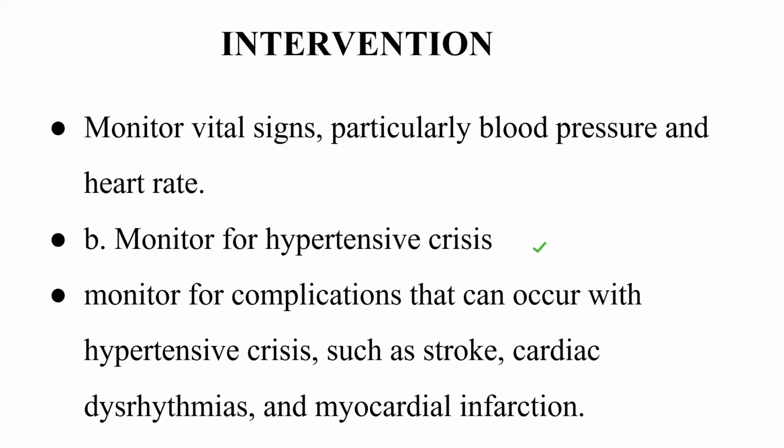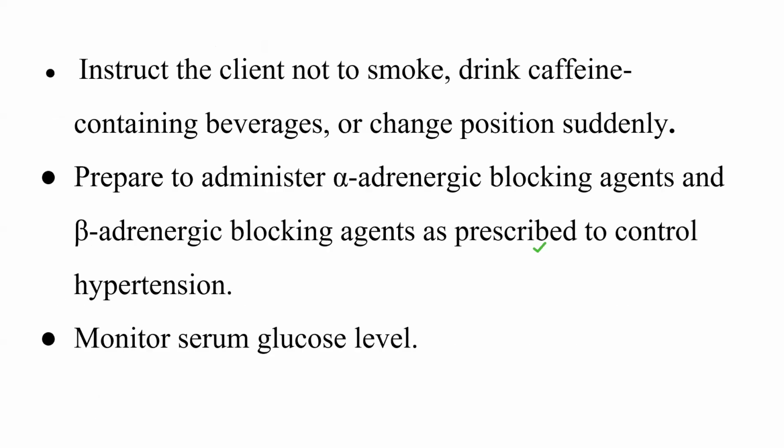What are the interventions? We monitor vital signs, particularly blood pressure and heart rate. Monitor for hypertensive crisis. We monitor for complications that could occur with hypertensive crisis, such as stroke, cardiac dysrhythmias, and myocardial infarction. Ensure the client does not smoke or drink caffeinated drinks, any drink that contains caffeine, or change positions suddenly.